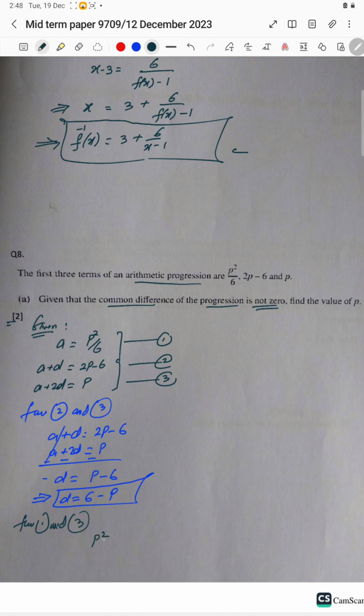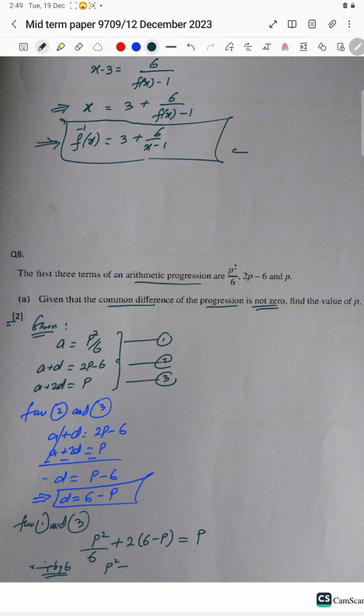So p square by 6, the value of a, plus 2 times d in equation 3. What is d? I'm going to write 6 minus p, equal to p. So I multiply by 6 throughout, multiplying each term by 6.